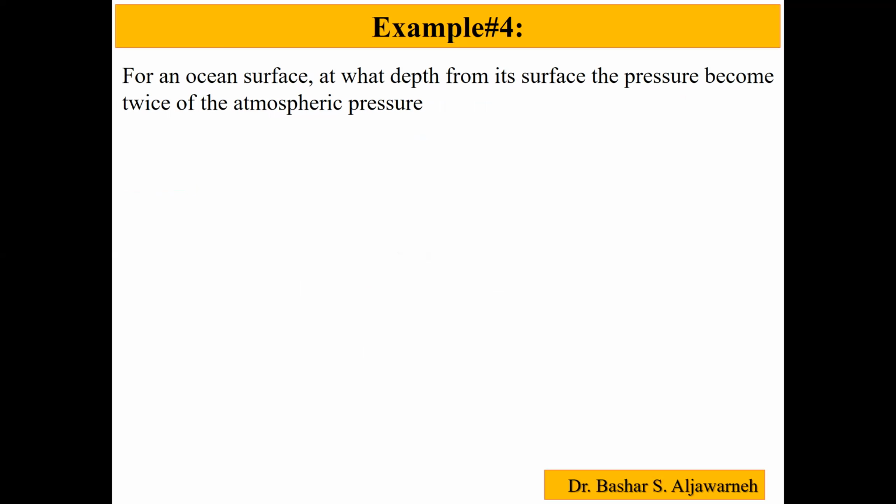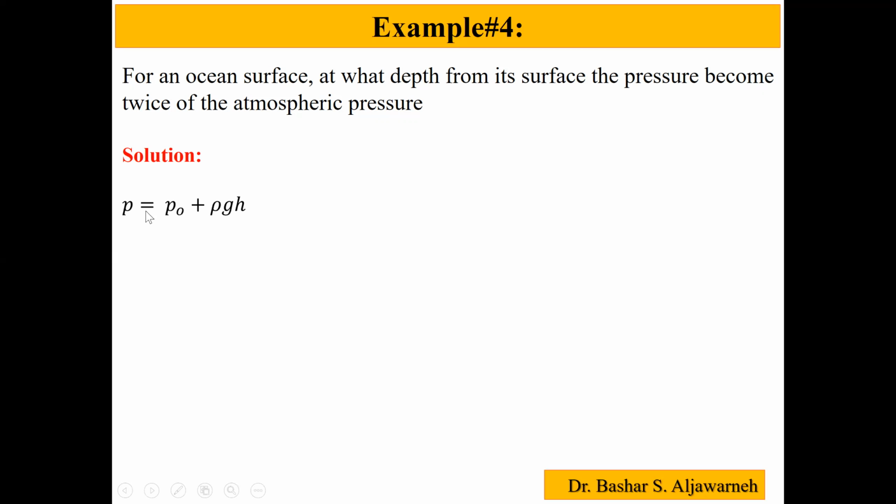Fourth example: for an ocean surface, at what depth from its surface does the pressure become twice the atmospheric pressure? Again, we are talking about pressure depending on depth, or variation of pressure with depth. We know the formula, which is P equals P naught plus rho GH. Now we are going to calculate the depth, which is H. So we know the density, we know G, we know the atmospheric pressure, but be careful.